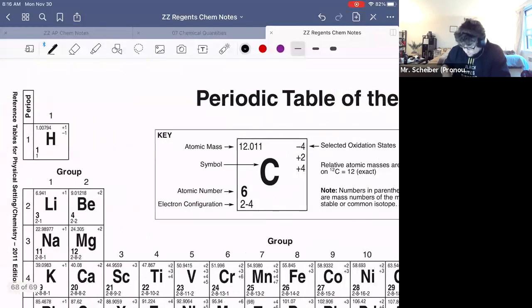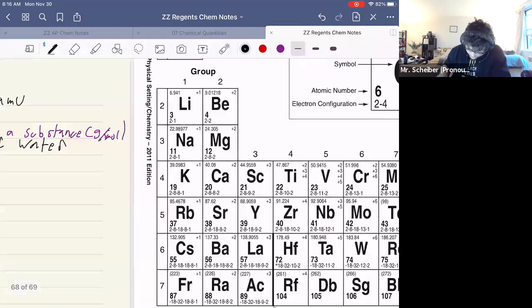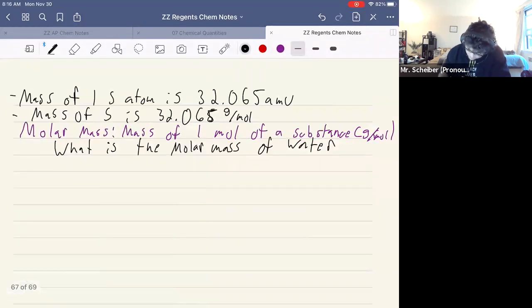Well, unfortunately, we know that water is a compound, so it's not found on the periodic table anywhere. What is the molar mass of water? Well, we know that the chemical formula of water is H2O, right?